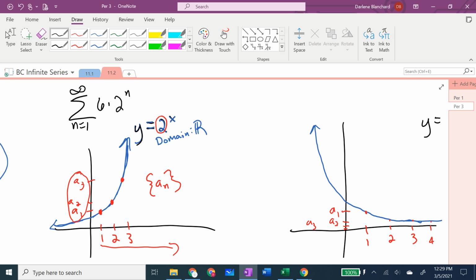It's kind of a joke to even think about it, because the terms you're adding together are blowing up. The more terms you add, you're adding larger and larger massive quantities to the sum that is already large.